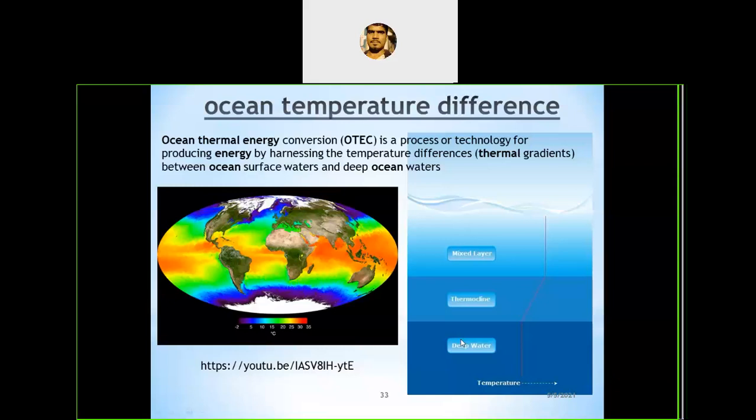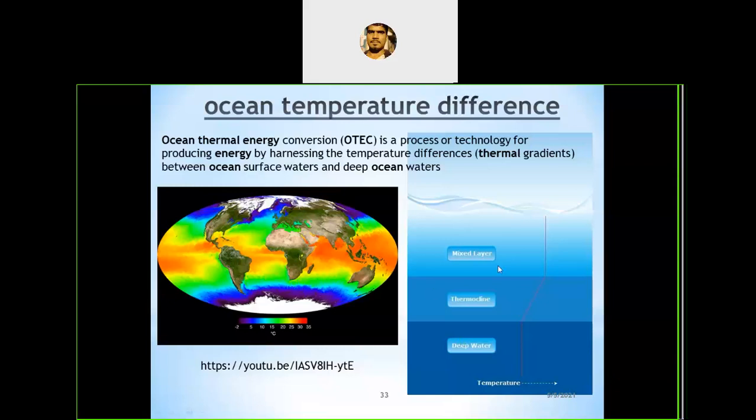Utilization of this energy with this temperature difference can be converted into work. Using an ocean thermal energy conversion system, we convert that difference into work, then mechanical energy, then electrical energy.